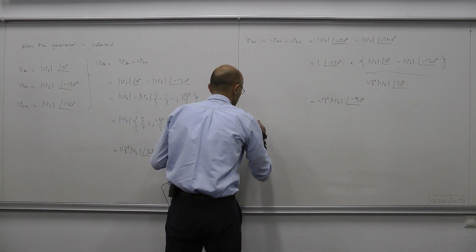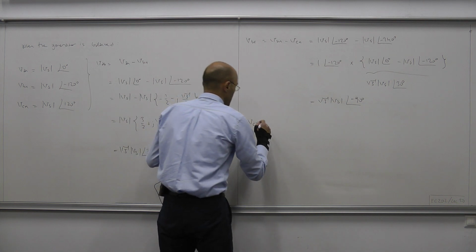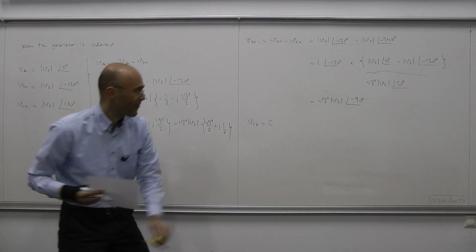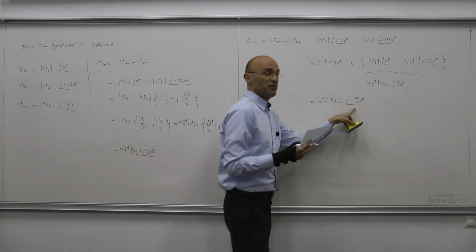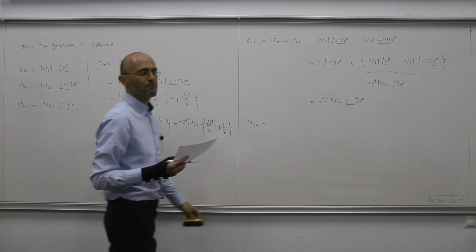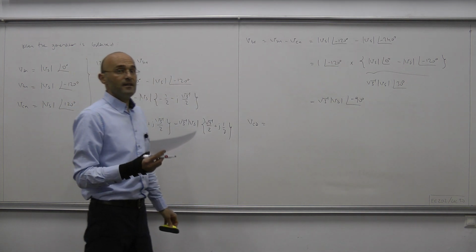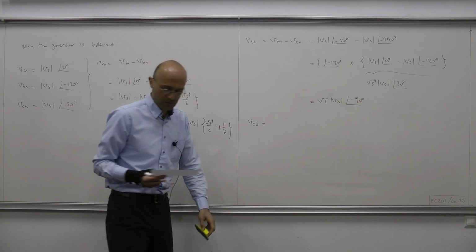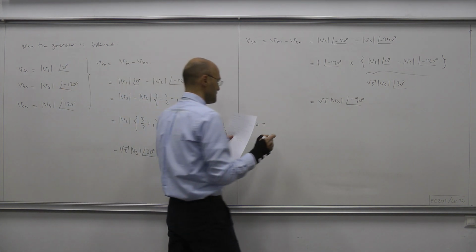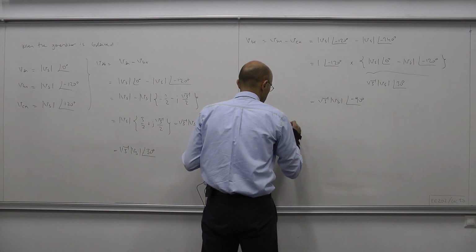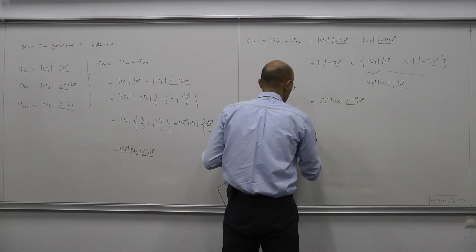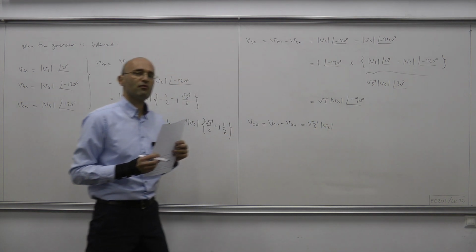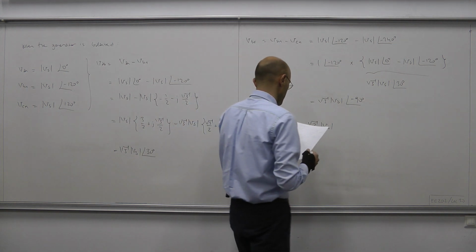And likewise, VCA can be computed to equal this thing, and then you take the phase and add 120 degrees further in the clockwise direction. So VCA is VCN minus VAN, and that equals square root of 3 times the magnitude of the phase voltage of our generator.